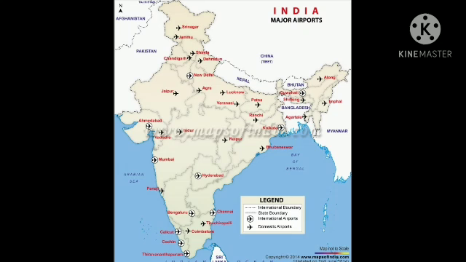All the major metro cities are connected with the air travel system. So these are the major means of transport which help us in easier trading, and passengers can reach their correct destination at the proper time.